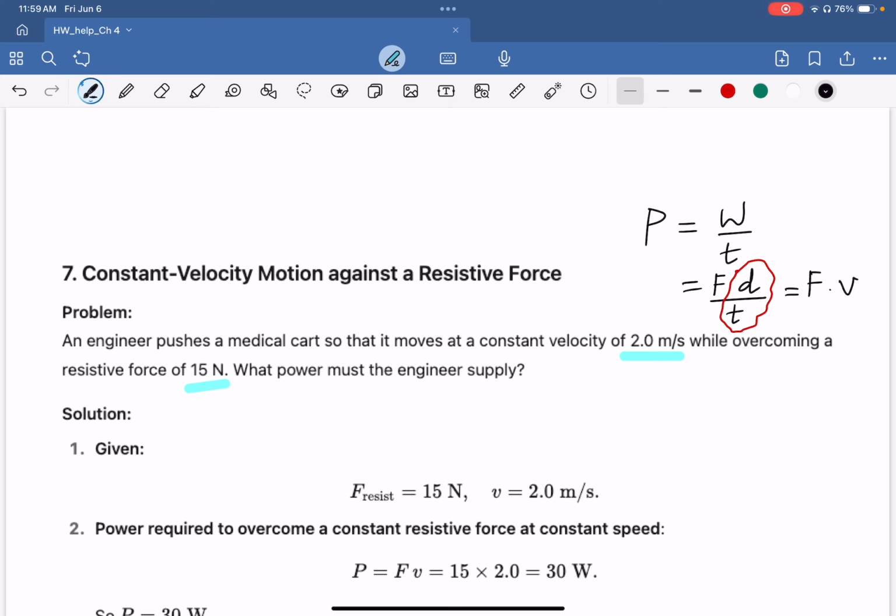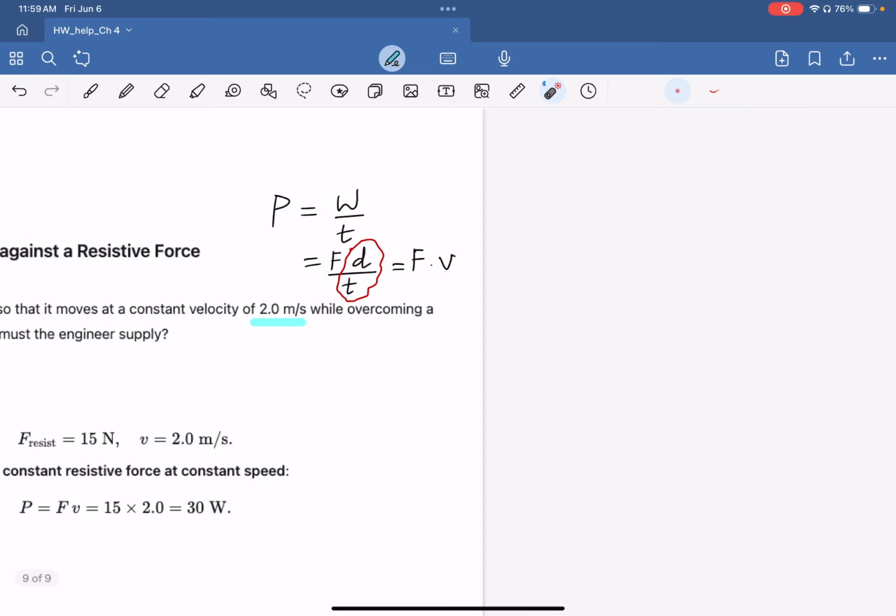Power is force multiplied by velocity. Isn't that simple? Okay, so you're given the force, you're given the velocity. All you got to do is multiply them to get the power. Now, this question is important because we're dealing with a new formula, which comes from putting those two ideas together. Okay, so that's number 7.